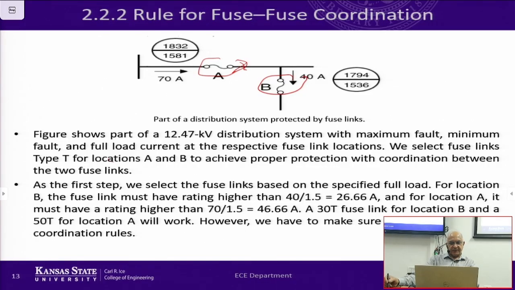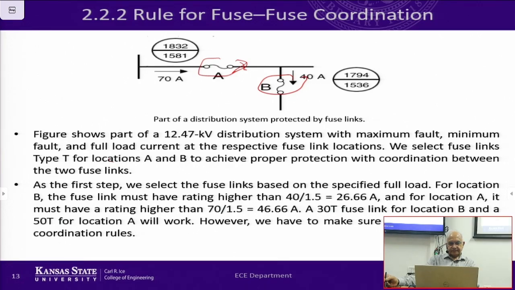So first step, we select the fuse links based on the specified full load. So for link location B, we divide 40 by 1.5 and that comes to 26.66. So we have to pick a fuse which will allow this much current to flow through it.